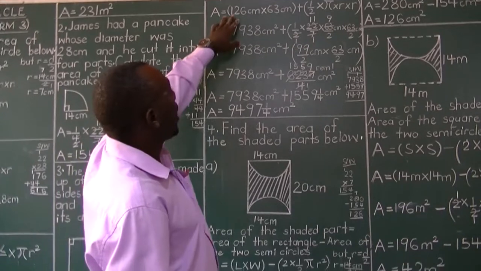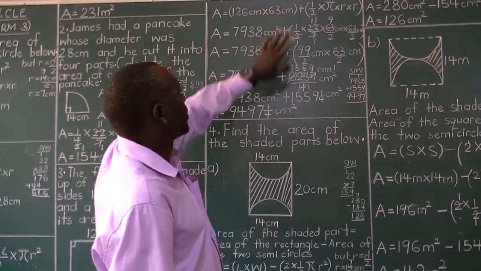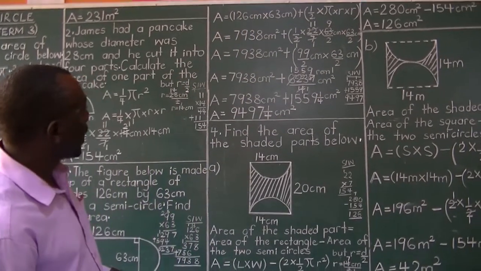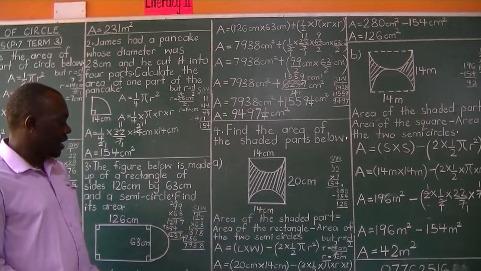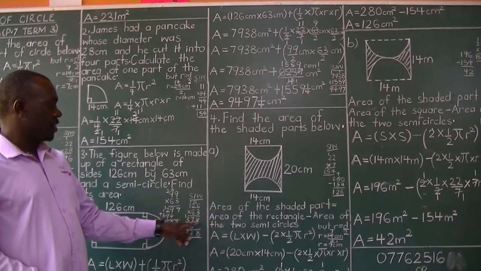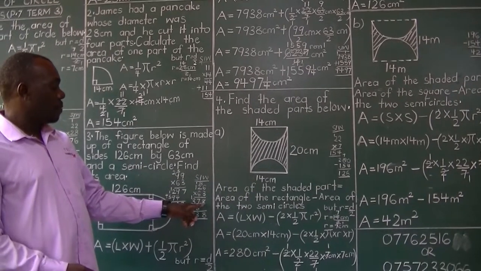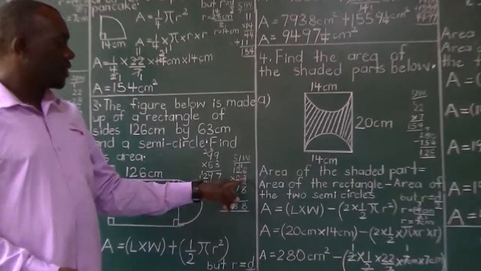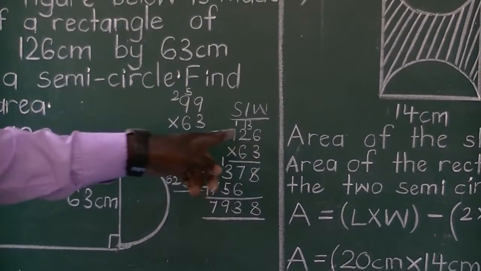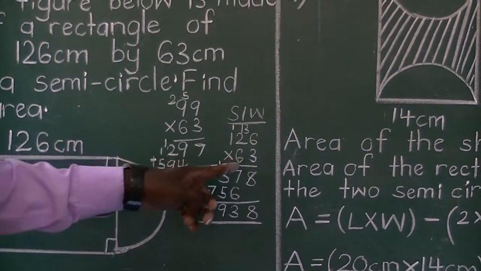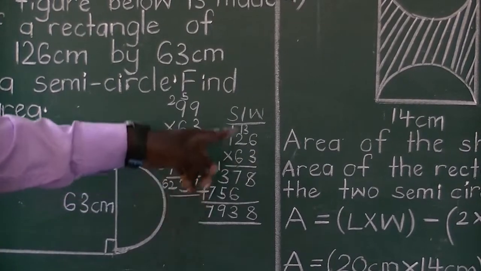So we multiply 126 centimeters by 63. When you multiply properly, you will get 126 times 63 here, where 3 times 6 is 18, write 8, and regroup 1. Then 3 times 2 is 6 plus 1, get 7, and 3 times 1 is 3. Then go 6. 6 times 6 is 36, write 6, regroup 3.